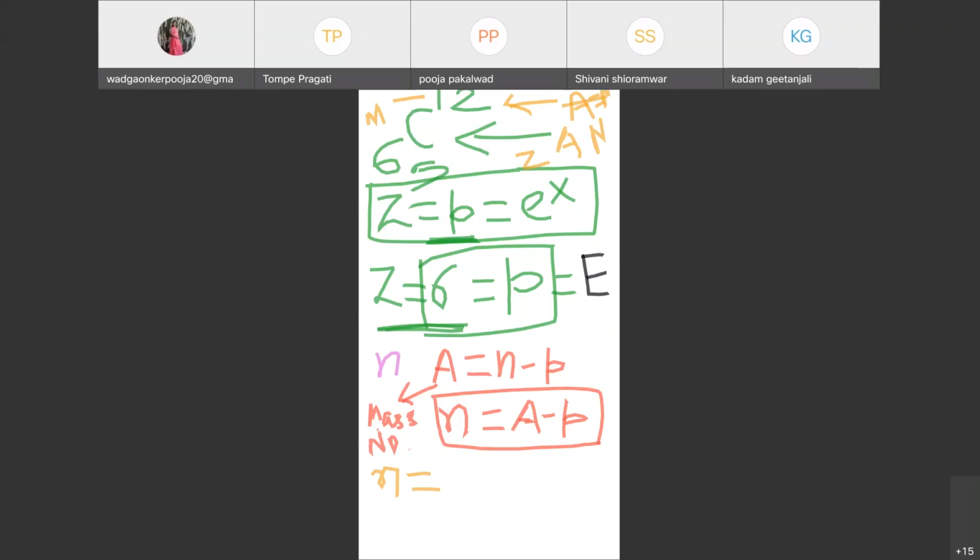So N is equal to A minus Z, which for carbon-12 is 12 minus 6, that is equal to 6.